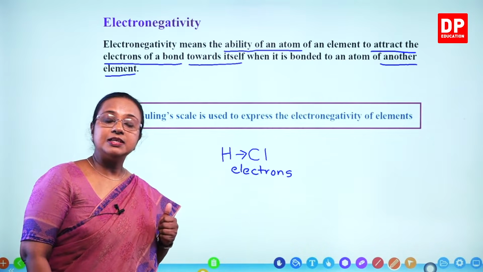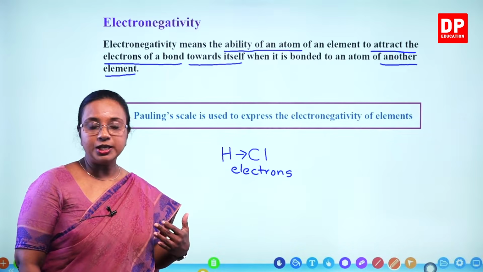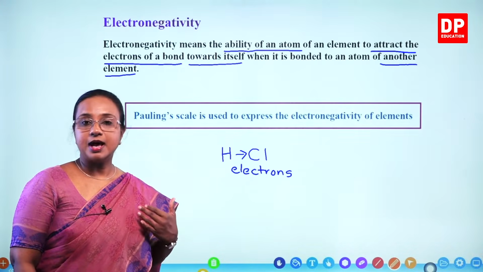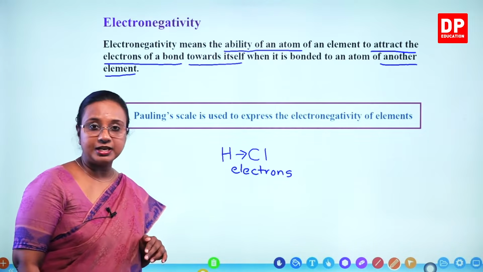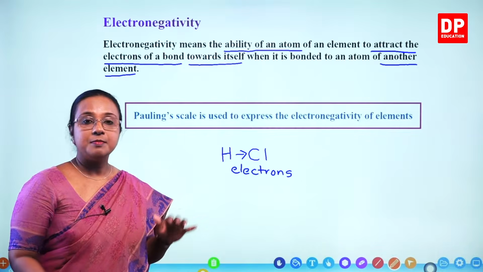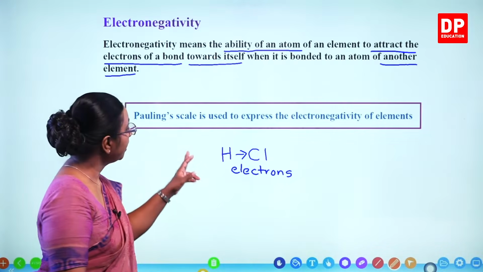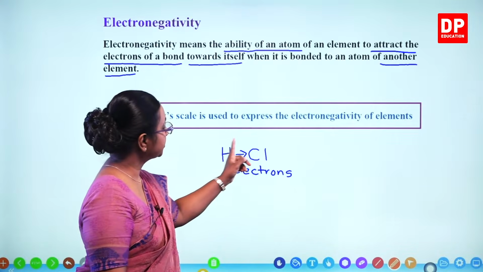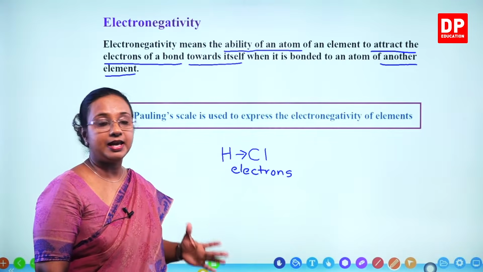So, if it was a hydrogen diatomic molecule or chlorine diatomic molecule, there is no electronegativity involved there because both atoms are the same. But here hydrogen and chlorine are atoms of different elements.